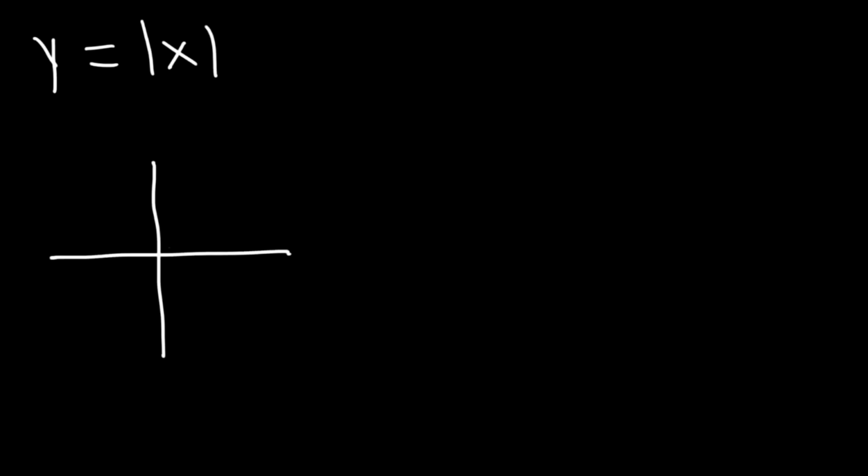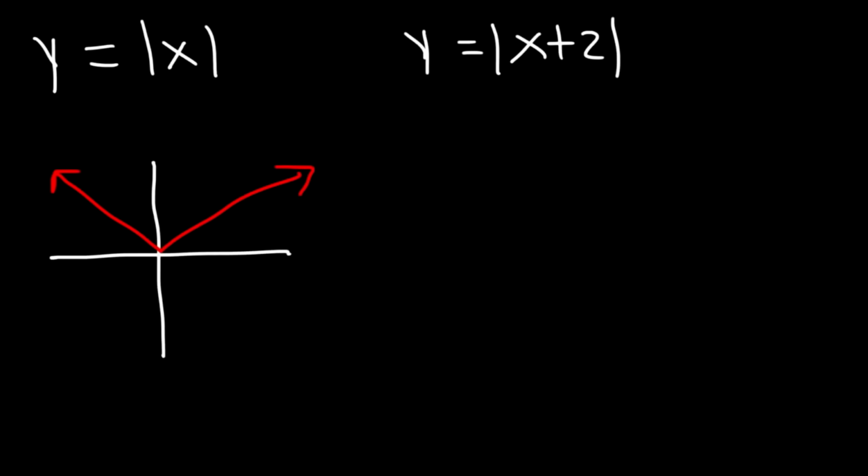Now, what about this one? Let's say that y is equal to the absolute value of x. So here's the parent function. Now, what if we put, let's say, x plus 2? How's the graph going to look now? In this case, it's going to shift 2 units to the left.